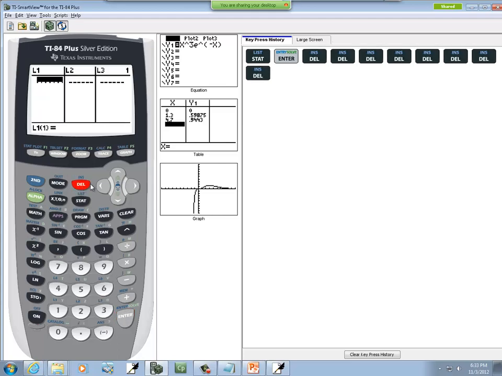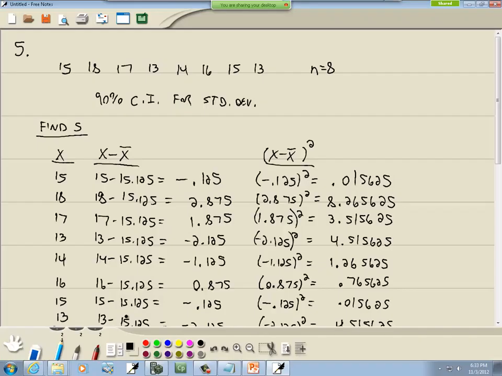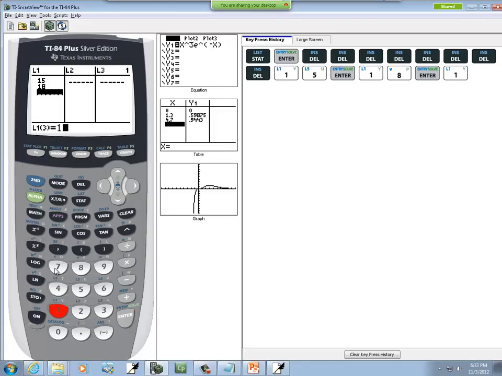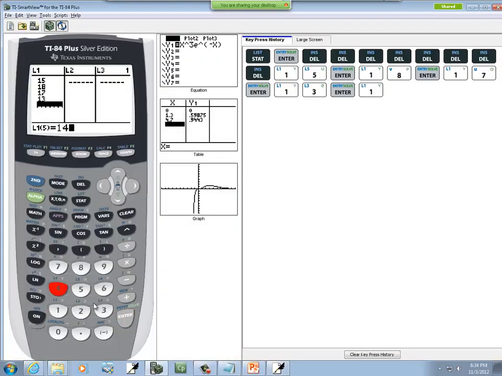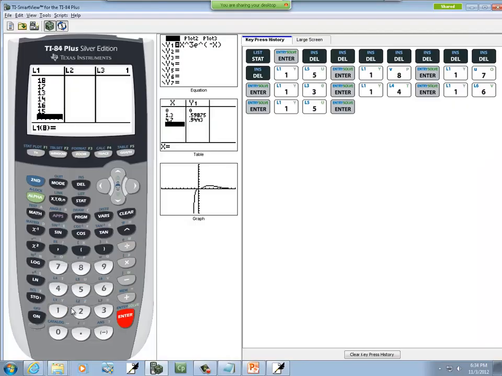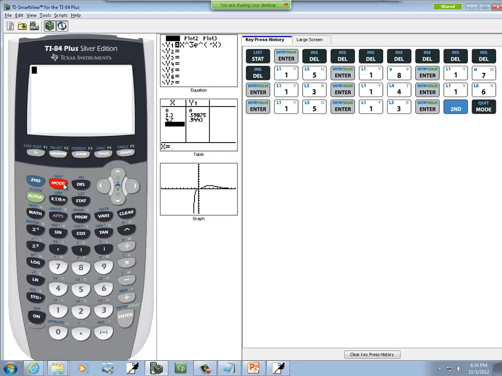And we got 15, enter, 18, enter, 17, enter, 13, enter, 14, enter, 16, enter, 15, enter, 13, enter. Now do a second mode to exit out, and now press Stat, right arrow to Calc, enter on one of our stats, enter again.